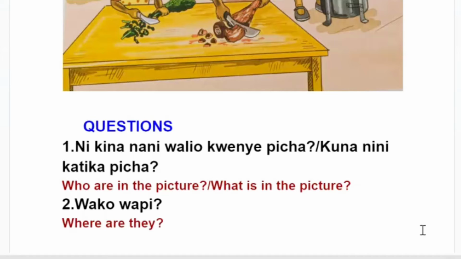Who are in the picture? Or, kuna nini katika picha? What is in the picture? Kuna means there is.